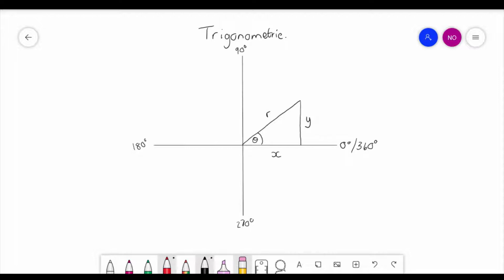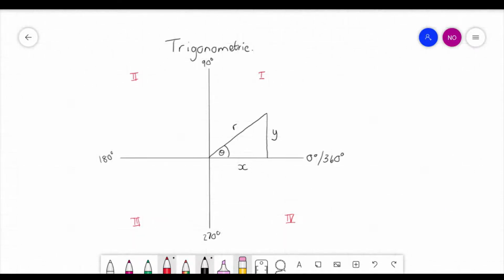Okay, in which quadrant did I draw that? In the one, right? And we number them like this. 1, 2, 3, 4. Okay, en dan as ons gaan kyk na ons trigonometriese funksies, dan gaan ek hulle definieer in terme van x en y.